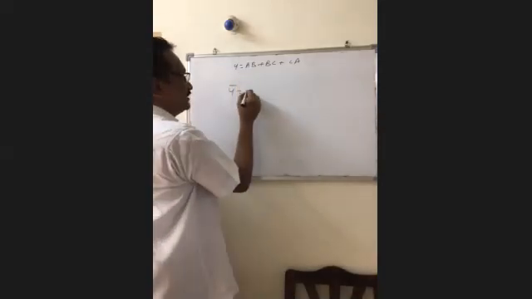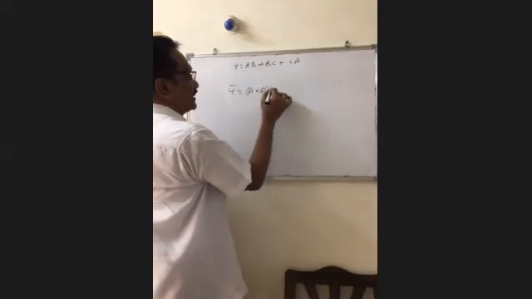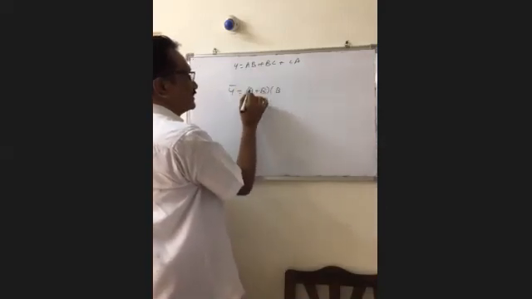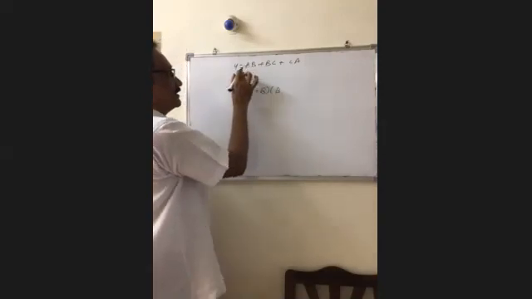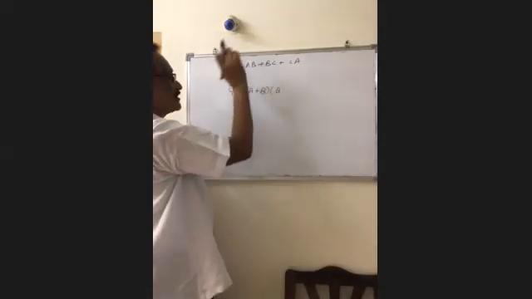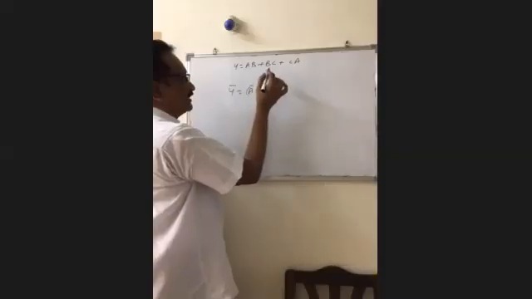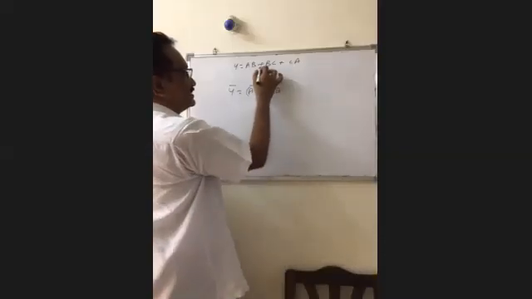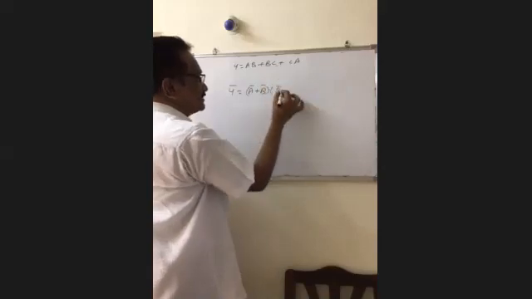B is the other literal, its complement is B bar. Next, change the plus sign with the multiplication sign. Next, C bar, and then the multiplication sign with the plus sign.